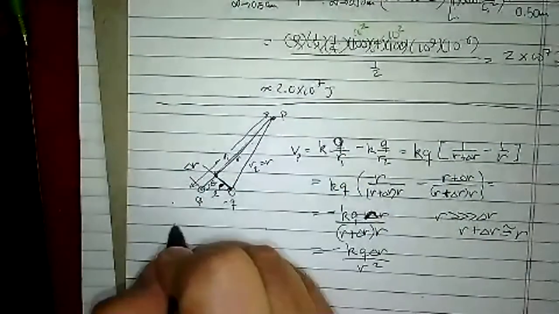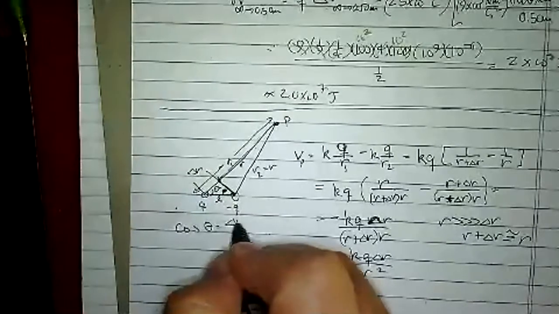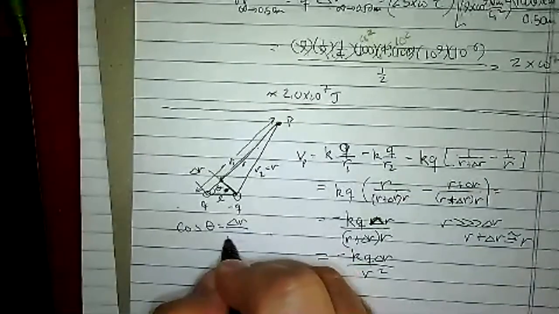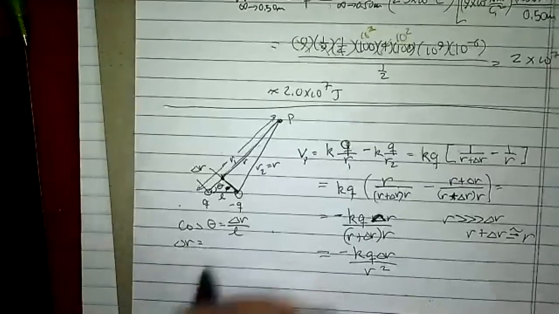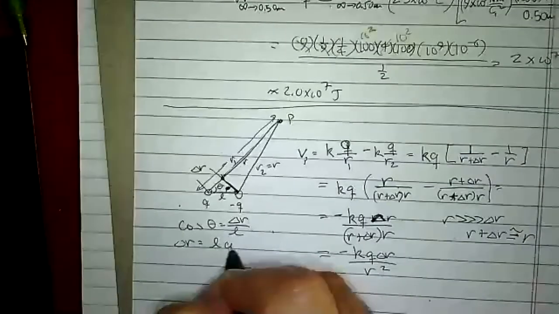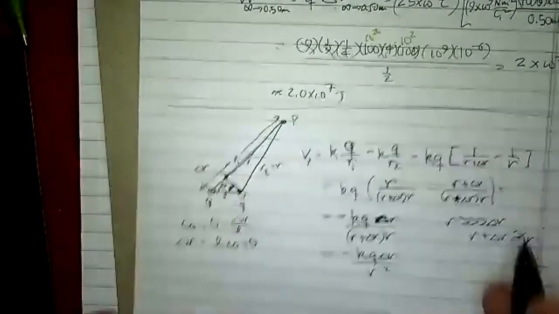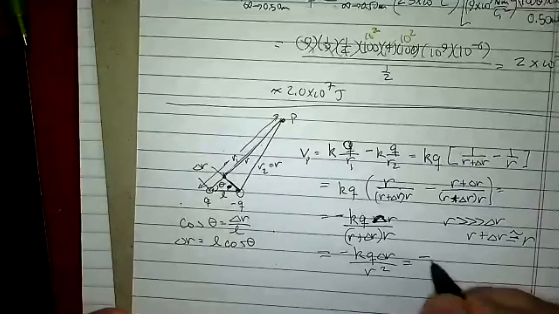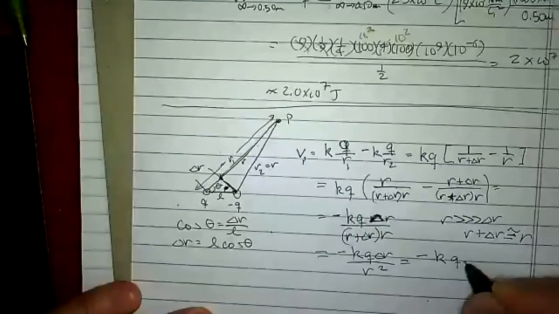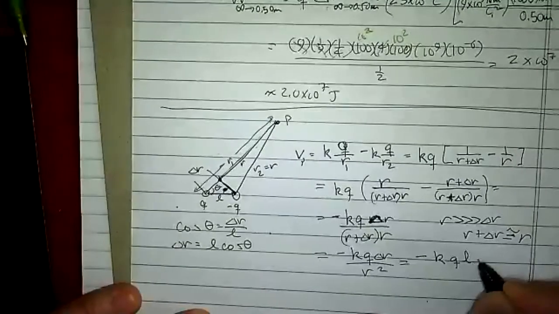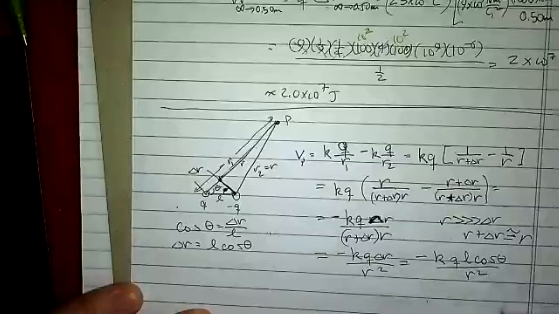So then cosine theta is equal to adjacent, which is delta R, over hypotenuse, which is L. So now you can see that delta R is equal to L times cosine theta. So I can now write this as negative K Q times L times cosine theta over R squared.